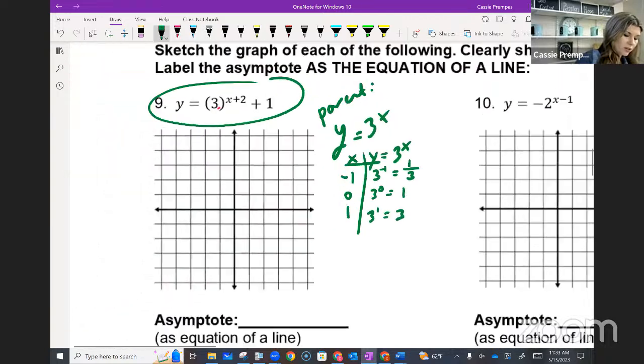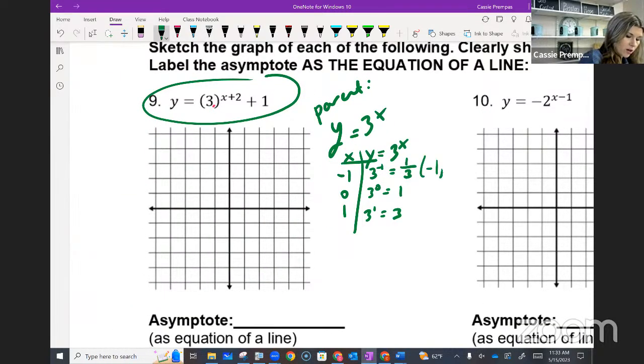So these points, I'm going to plot (-1, 1/3), (0, 1), and (1, 3). This is not the actual graph. This is the parent graph. So it goes like that.